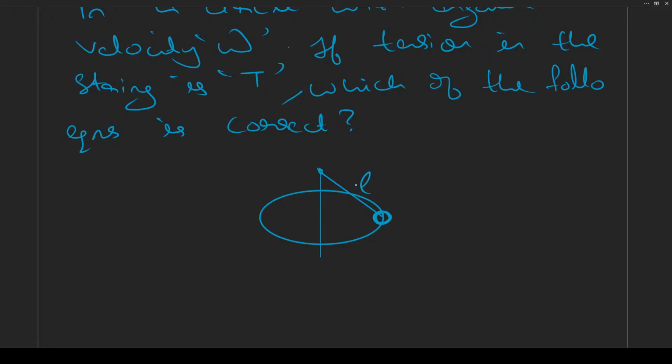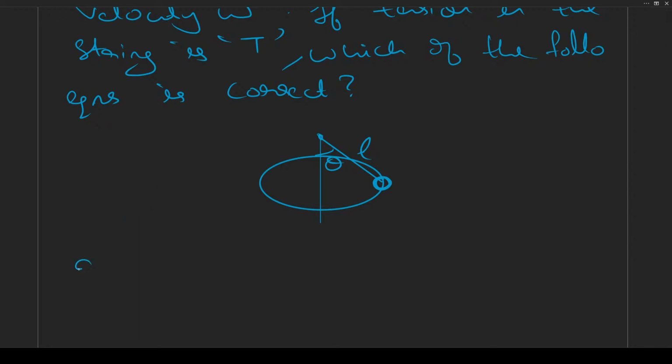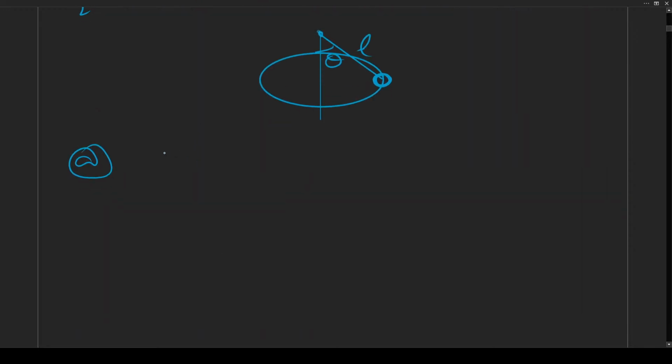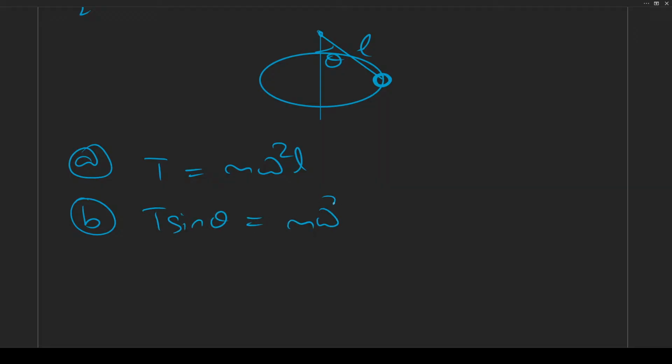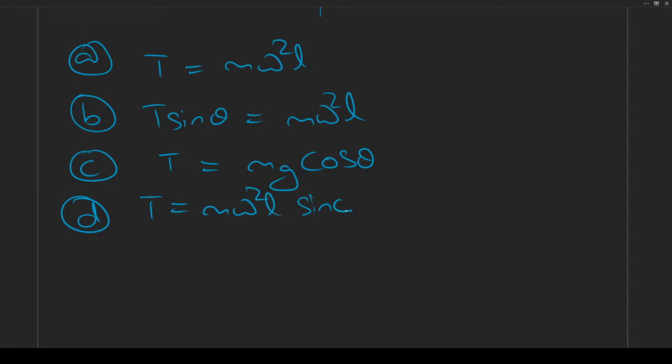The length is L, the length of the string, and this angle is theta. Now the equations given are A, tension T equals m omega square L, B, T sine theta equals m omega square L, C, T equals mg cos theta, D, T equals m omega square L sine theta.